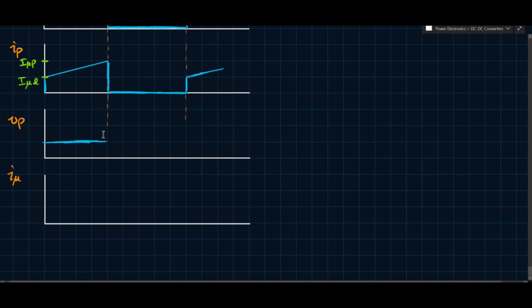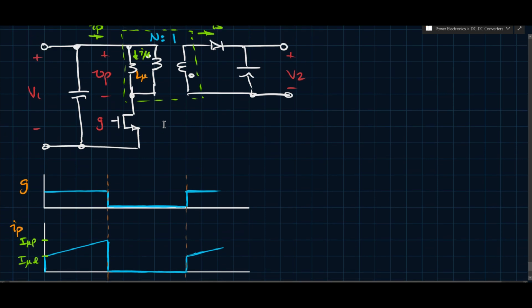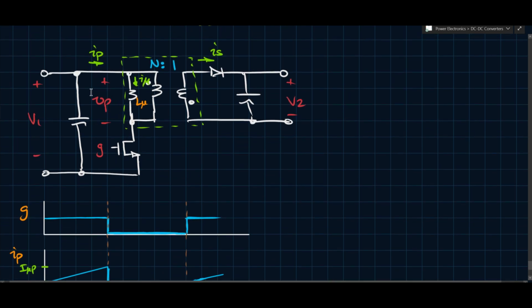And then what happens when the transistor turns off? So if we go back up here and look at our circuit, we said that when this transistor is on, this negative rail of V1 connects to Vp here, and so you have V1 equals Vp. But as soon as this opens up, this diode is forced to turn on.